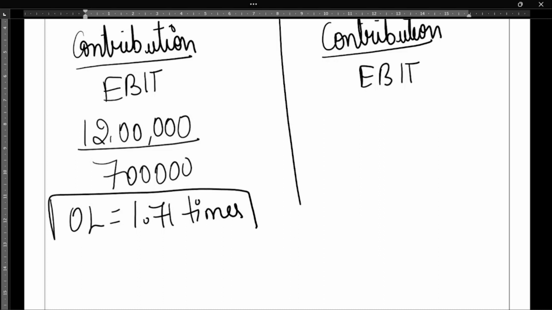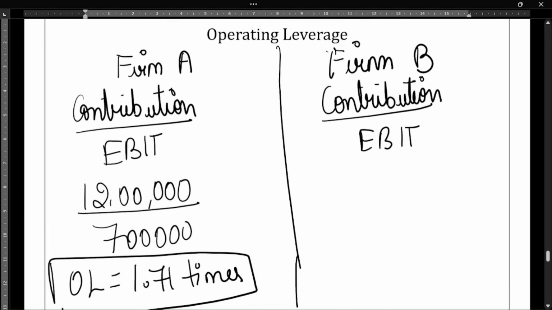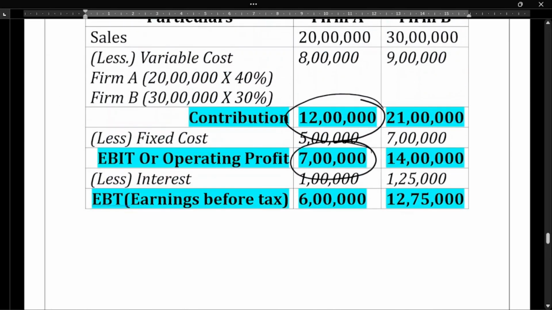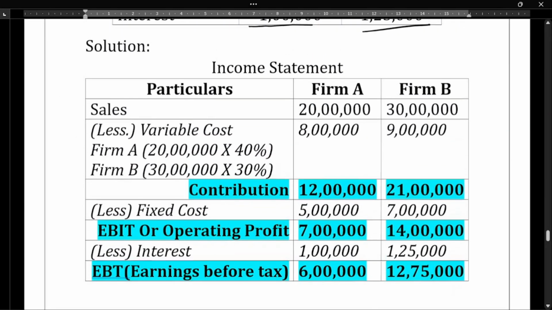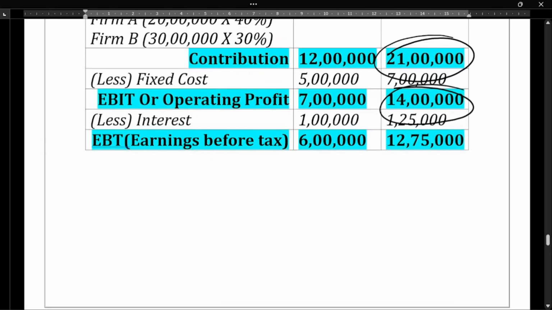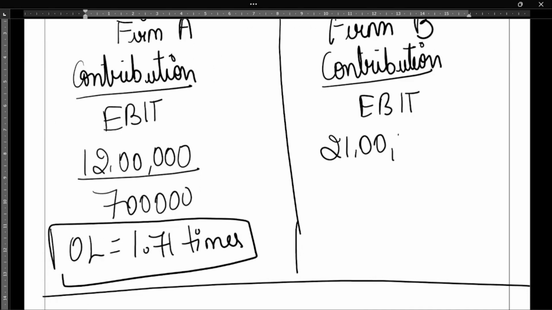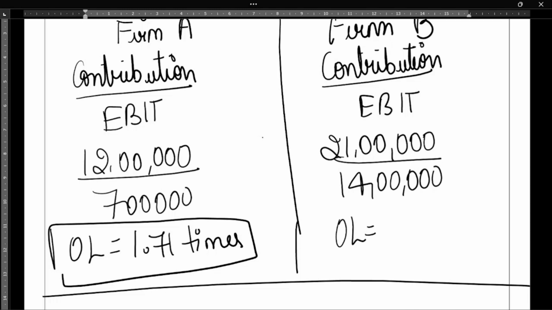This is the operating leverage of firm A. Next, firm B operating leverage. Firm B contribution is 21 lakh, EBIT is 14 lakh. So 21 lakh divided by 14 lakh. The OL of firm B will be 1.5 times.